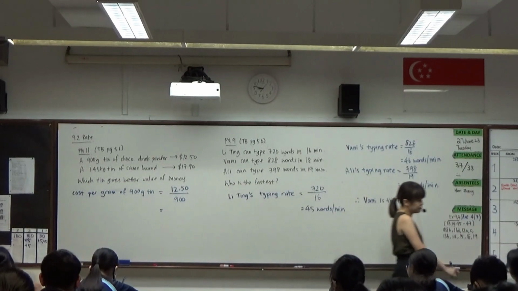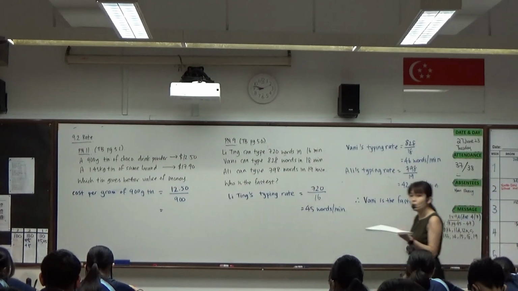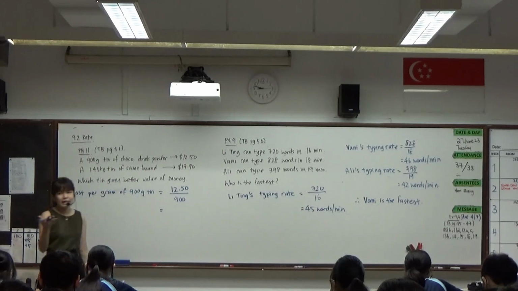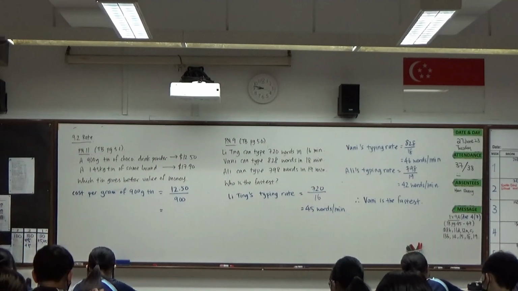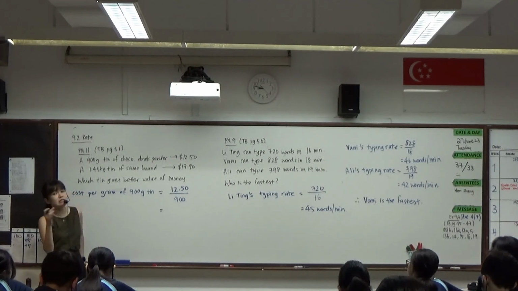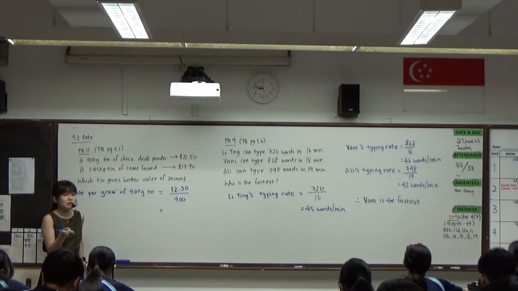And 1250 divided by 900, we will get 125 over 90. Now while I tell you to always leave the answer in fraction or in exact form, that's not wrong, but then it becomes difficult for us to compare if the denominator is going to be different.